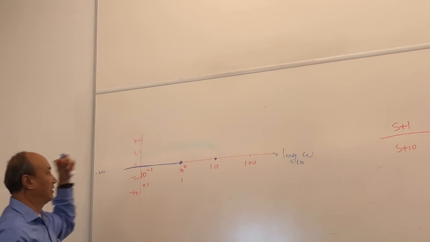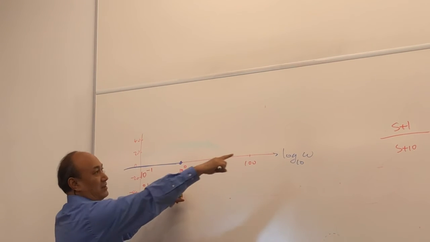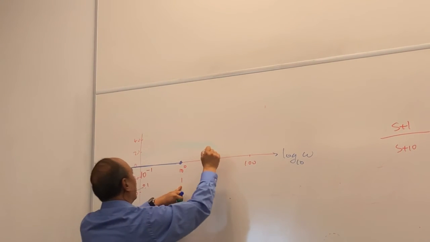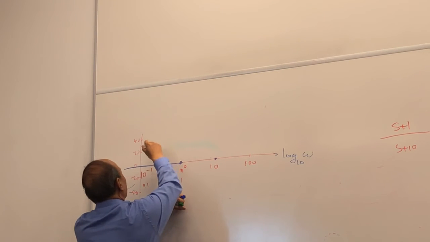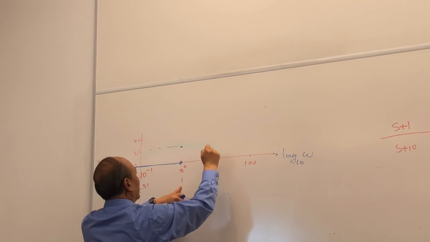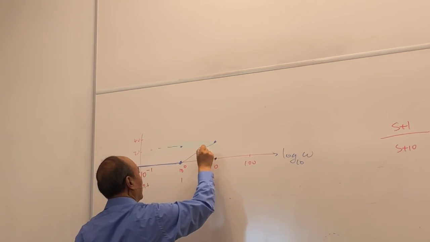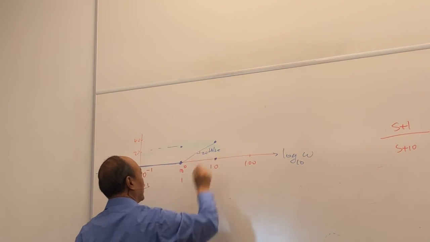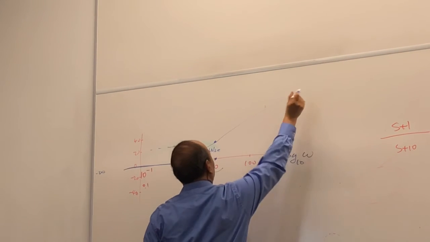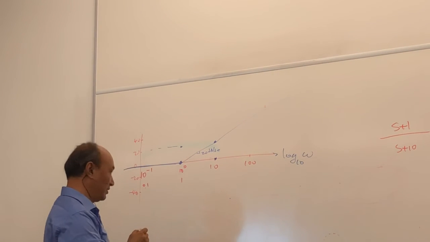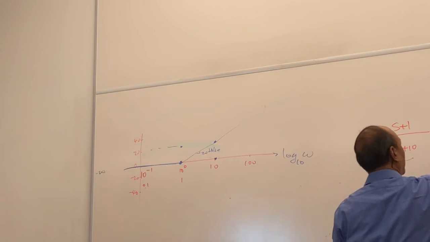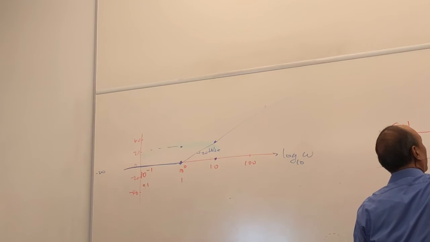Okay? Until I hit this 1, that is s plus 1, then I'm going to go. So this is 1 here, so I'm going to connect this one. So this is a 20 dB per decade slope. So this one will go all the way up. So this is blue. So this term is blue. Okay? Blue.